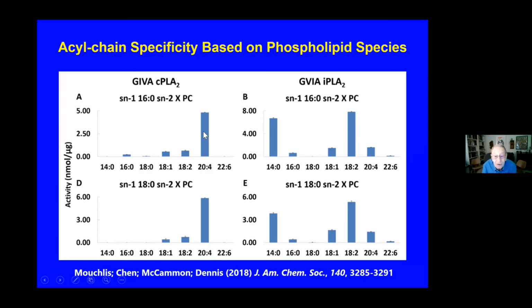And another enzyme, group 6, iPLA2, doesn't like arachidonic acid. It likes linoleic acid the best. So here are 2 enzymes. One prefers arachidonic, 20:4. One prefers linoleic, which is 18:2. And on the top, the fatty acid in the SN1 position is palmitic, or in the bottom, it's stearic, which are saturated fatty acids, which dominate the 1 and 2 position.